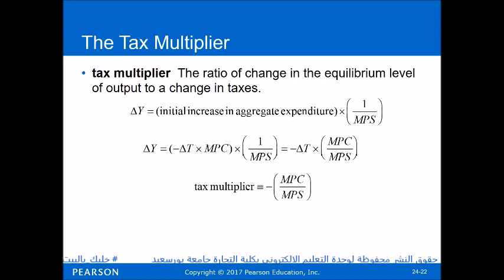And we can see that the multiplier in this case, which is the tax multiplier, is equal to minus MPC divided by MPS.